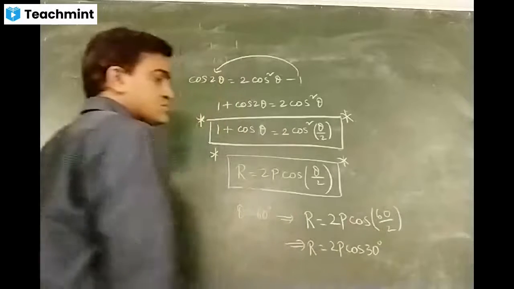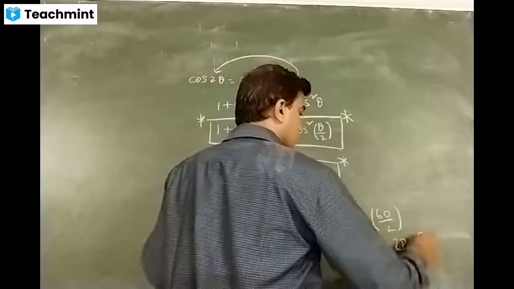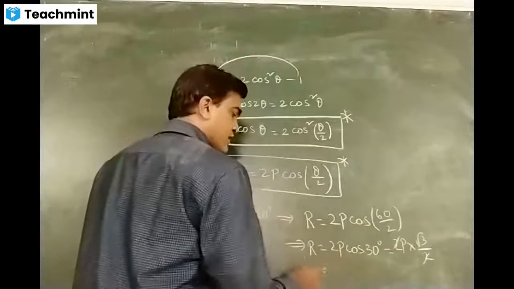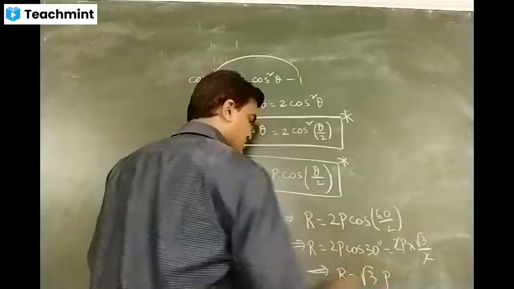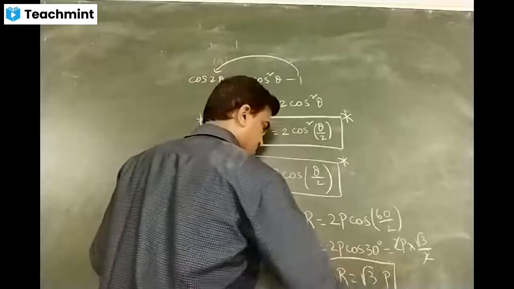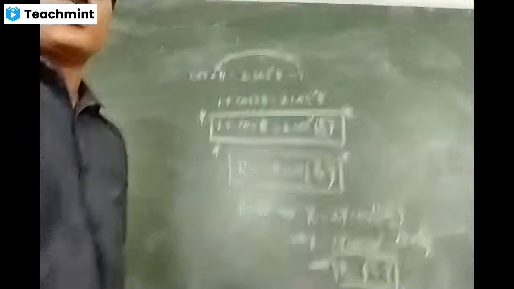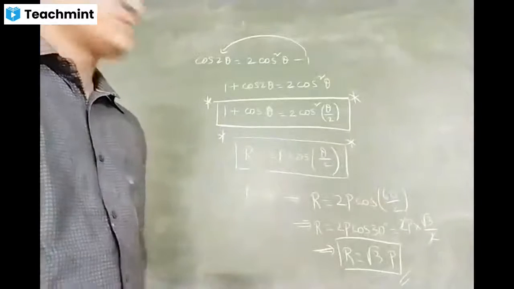Cos 30 is root 3 by 2. So 2p into root 3 by 2. The 2 gets cancelled. So finally, R is equal to root 3p. This is the form.